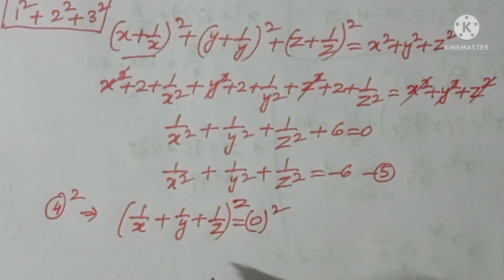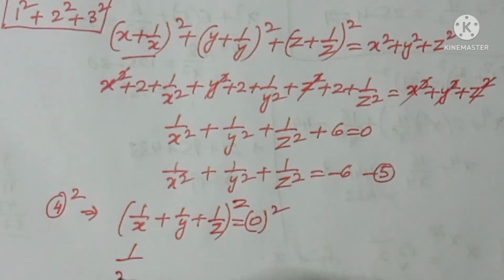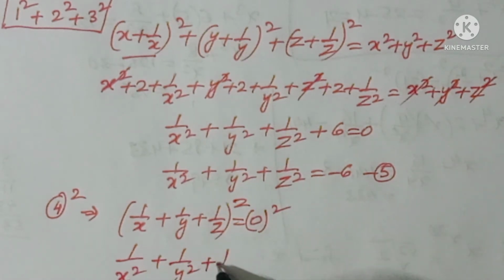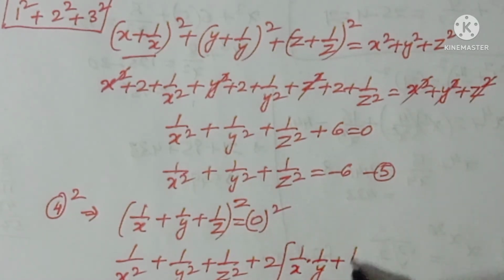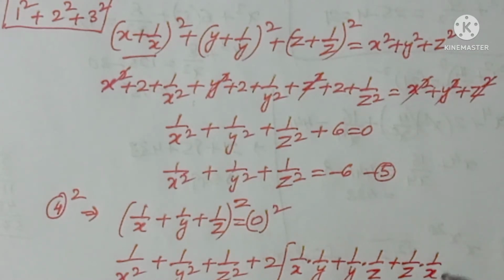What will we get? 1 by x square plus 1 by y square plus 1 by z square plus 2 into (1 by x into 1 by y, 1 by y into 1 by z, 1 by z into 1 by x) is equal to 0.